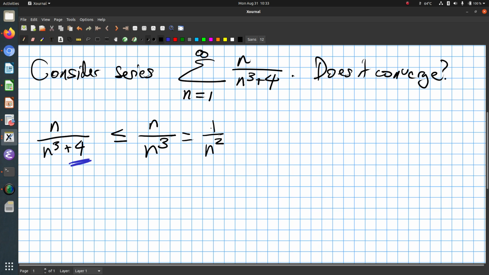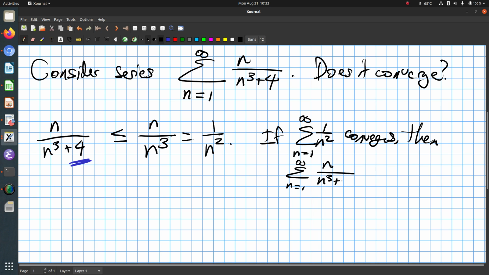So in particular, if this series, 1 over n squared, converges, then this series converges. And indeed, this series does converge by the integral test. So yes, this series converges.